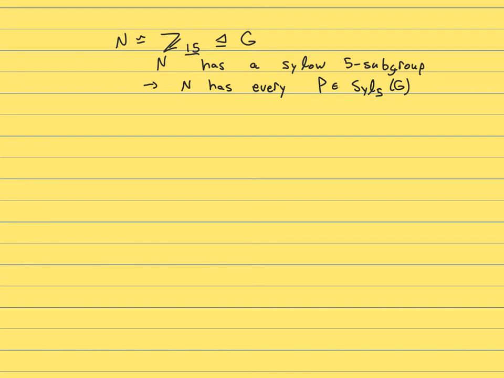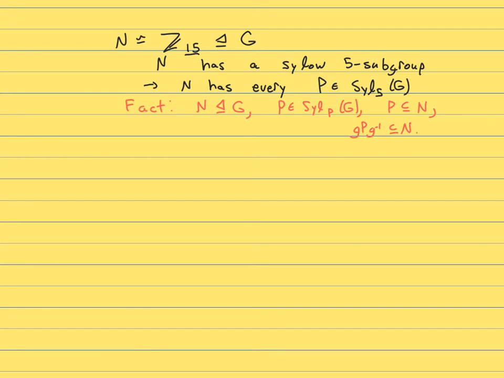So this is a general fact that's worth noting: if you've got a normal subgroup N of a group G, and P is any Sylow p subgroup, and P is a subset of N, then obviously you're going to get all the conjugates to be in there too.